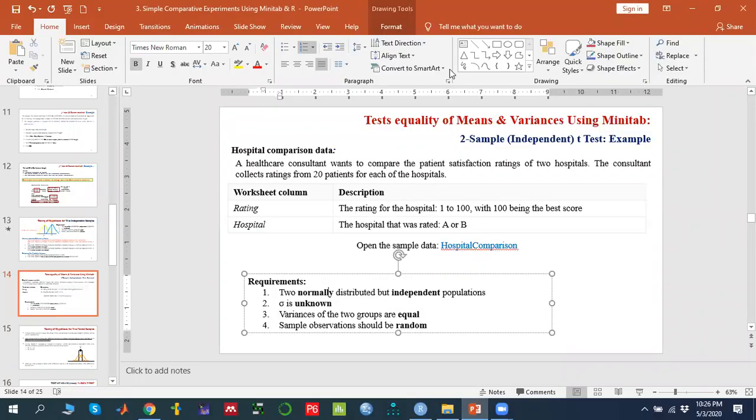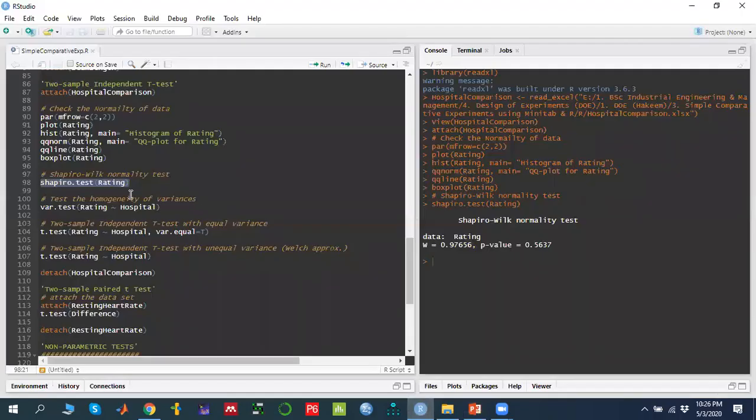The second thing we need to check is whether the variances are equal or not equal. That means we are going to apply the homogeneity test. In order to do that, we can apply the equality of variance tests.